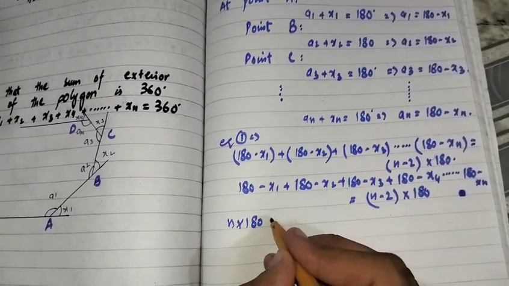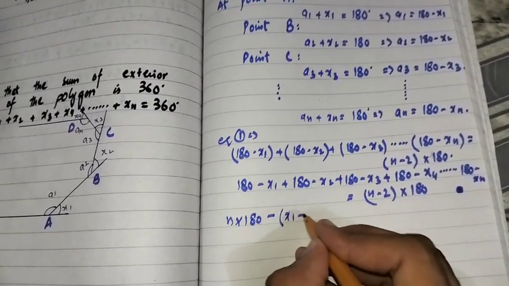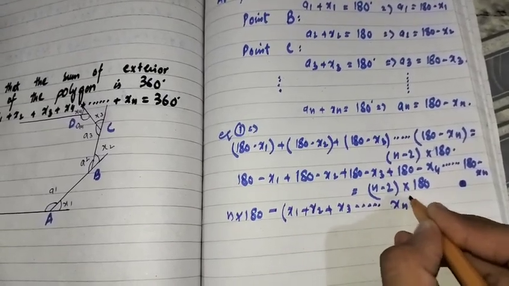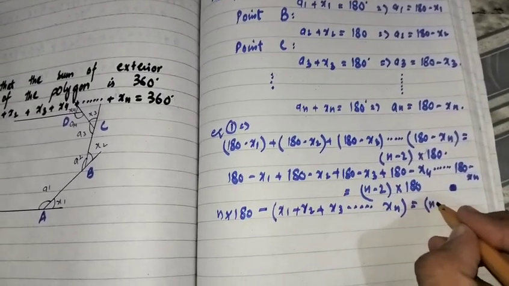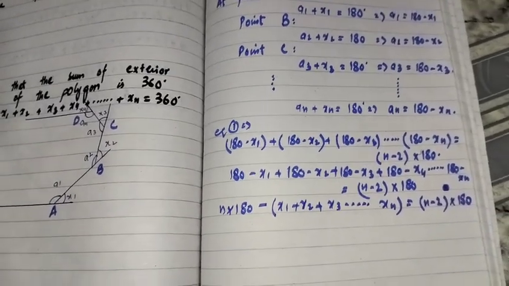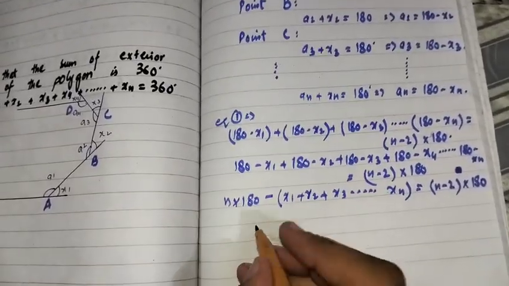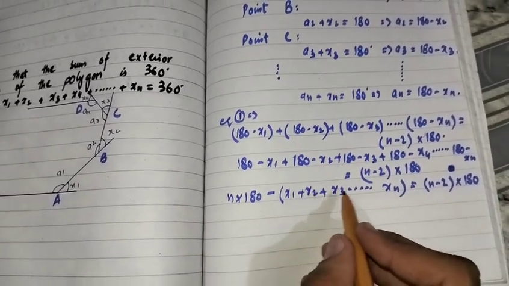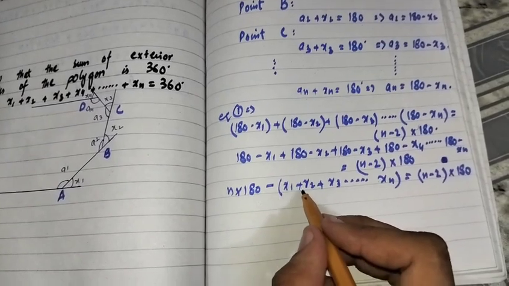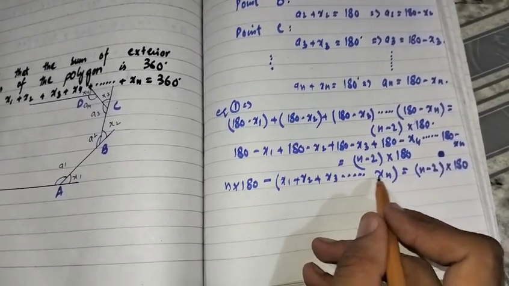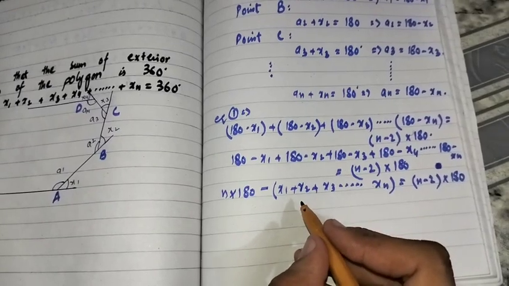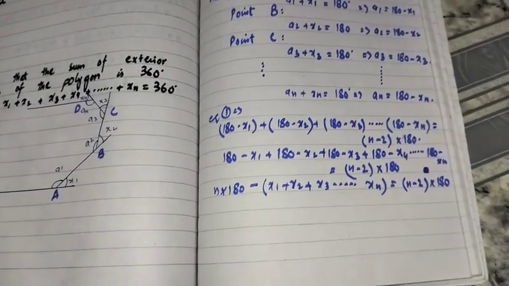By taking minus common, the remaining are x1 plus x2 plus x3 to xn, and this is equal to n minus 2 into 180. The sum of x1, x2, x3 to xn are all the exterior angles.